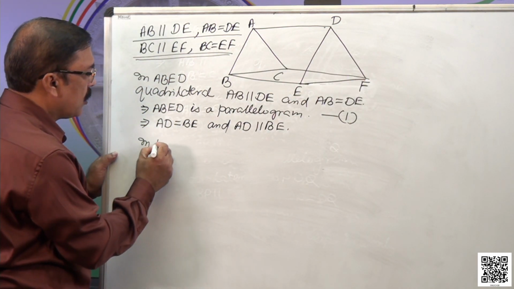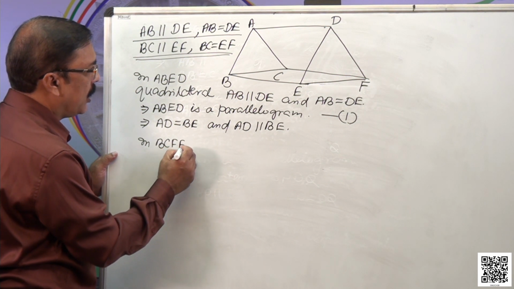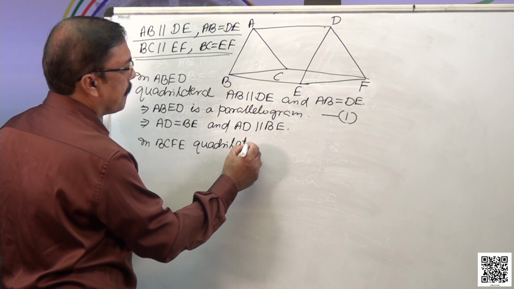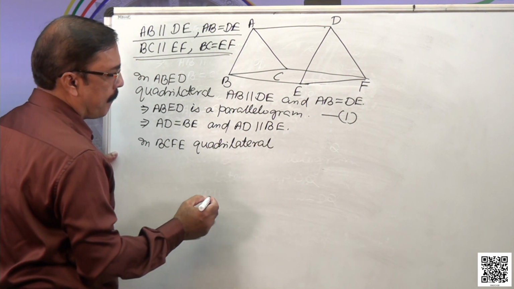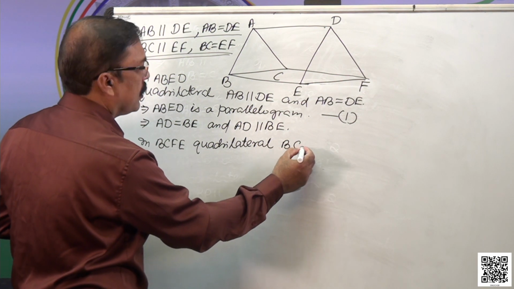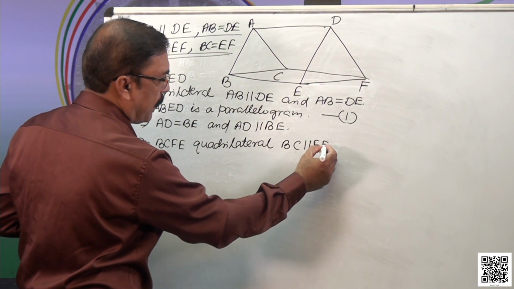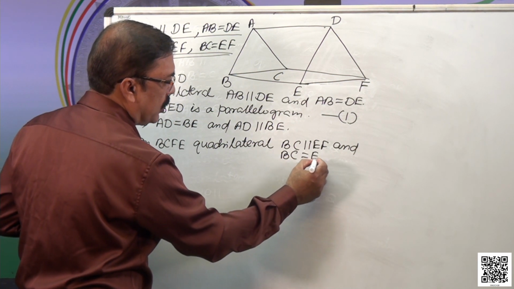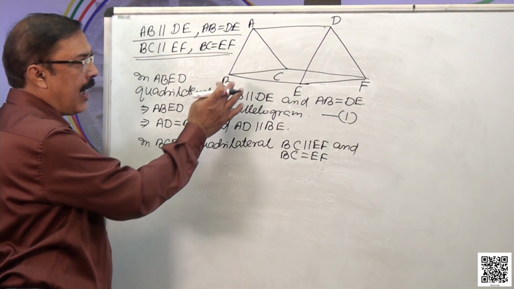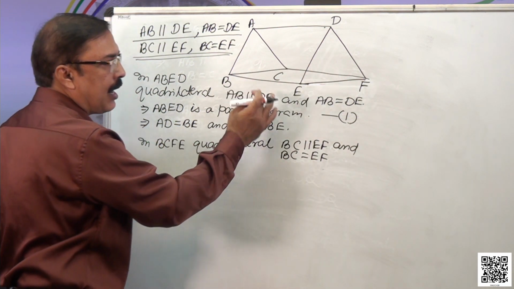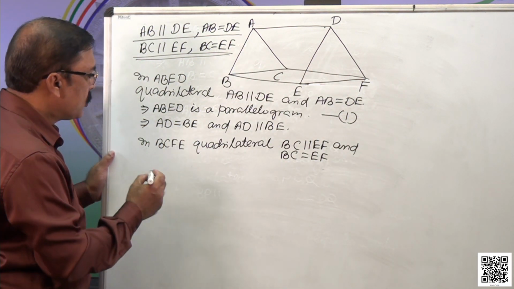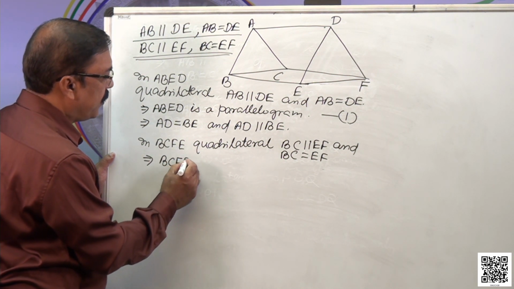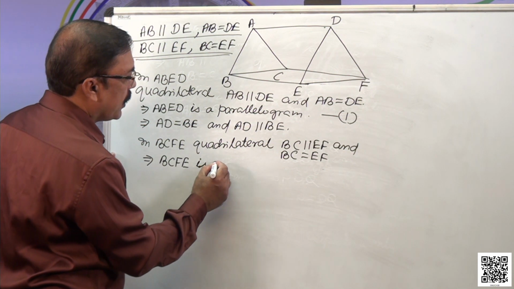So in quadrilateral BCFE, BC is parallel to EF and BC is equal to EF. Again, as the opposite sides of a quadrilateral are parallel and equal, we can say that BCFE is a parallelogram.